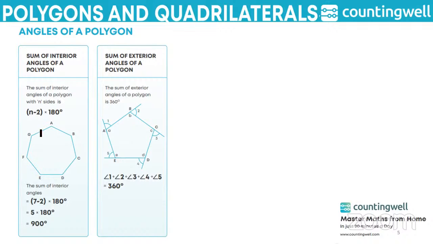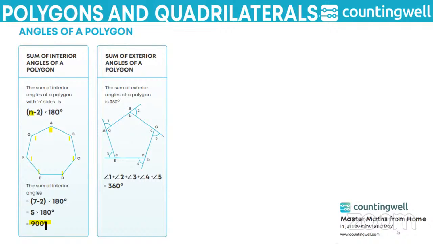So there are 7 sides. Then if you substitute 7 in the place of n, you have 7 minus 2 into 180 degrees. So you have 5 into 180 degrees equals 900. So the sum of interior angles of a polygon with 7 sides is 900. That means if you add the angles A, B, C, D, E, F, G, you will get the sum as 900 degrees.